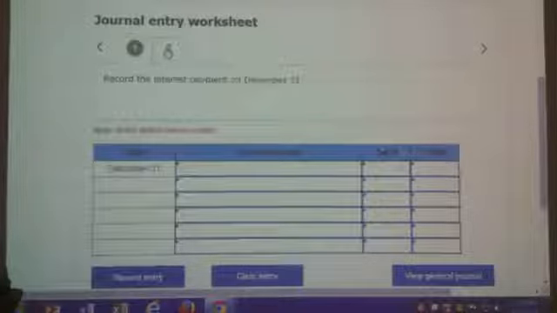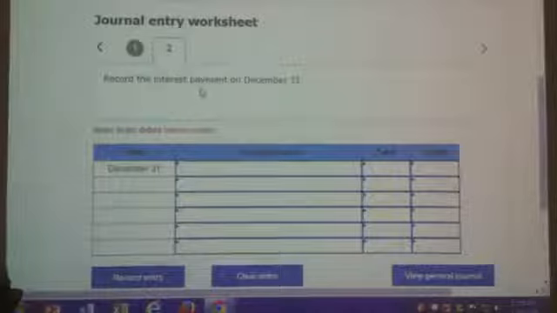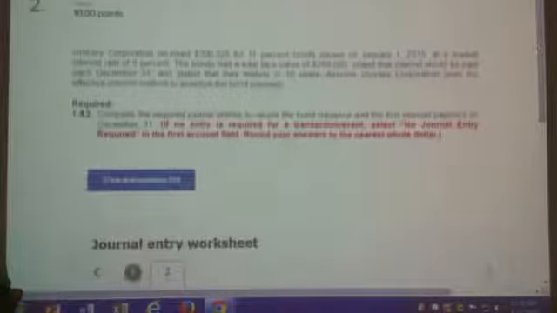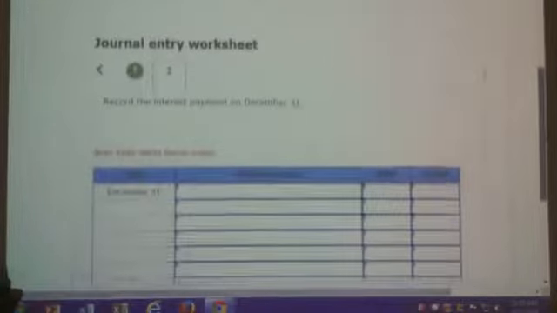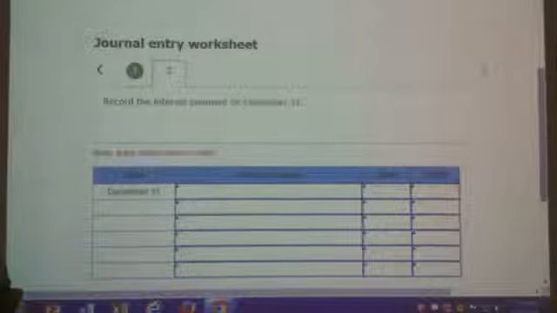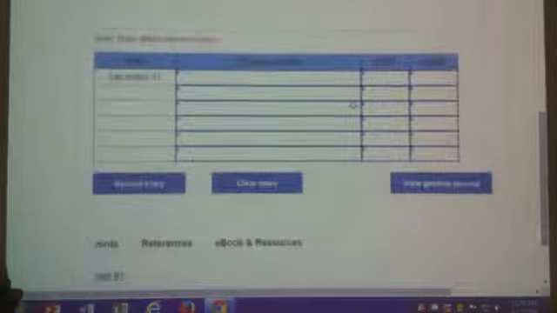The second journal entry that we must record is the interest payment on December 31st. The amount of cash paid will be the stated rate, 11%, times the face value of 250,000.